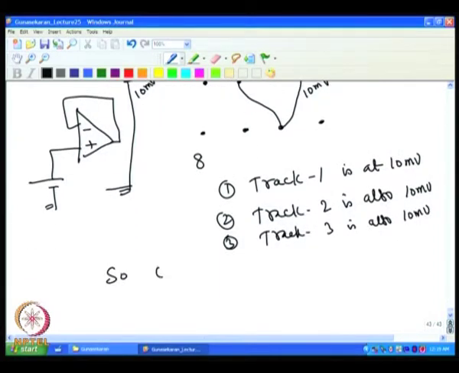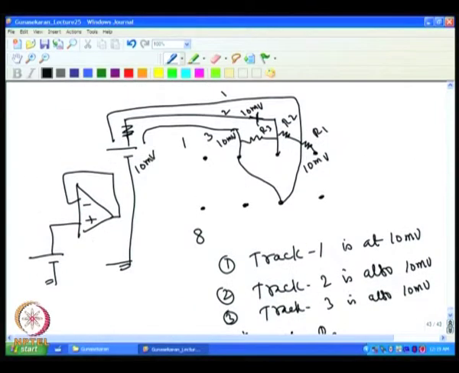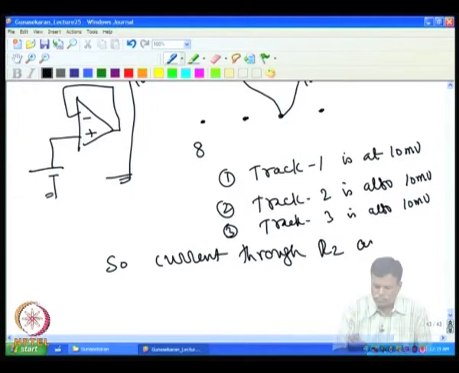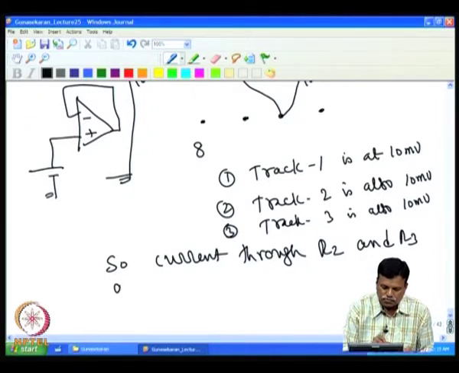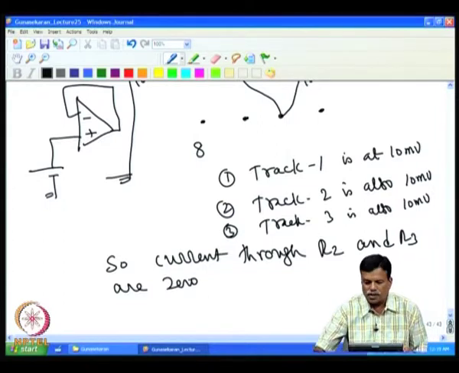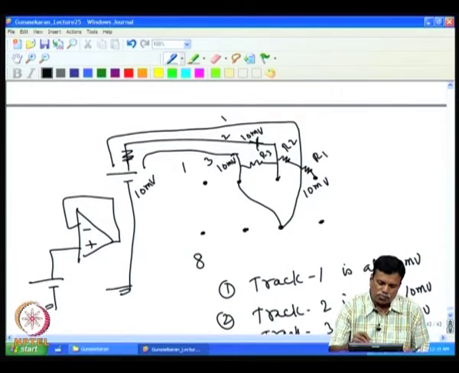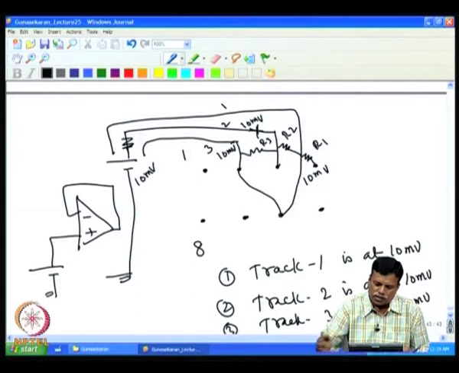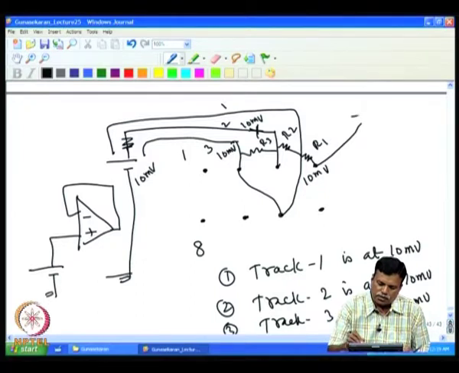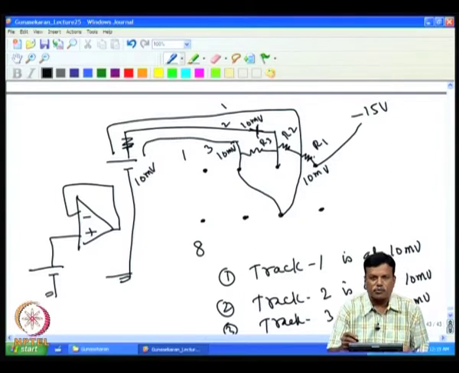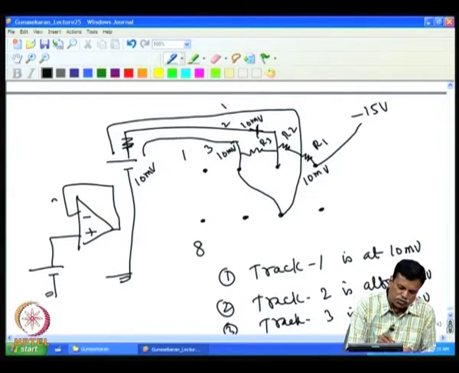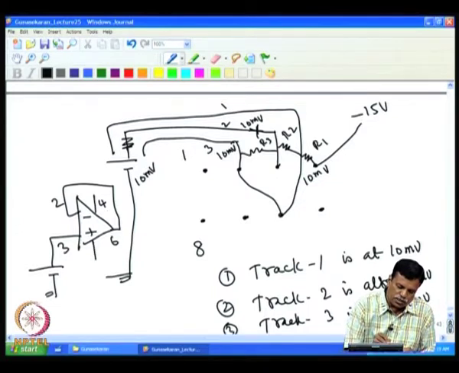So, the current through R2 and R3 is 0, and this resistance has no effect. Now, if we see R1, this is connected to the minus 15 volt supply. This is pin number 4, which is the op amp supply, which is minus; this is 2, this is 3, this is 6 and then 4 and this is 7.